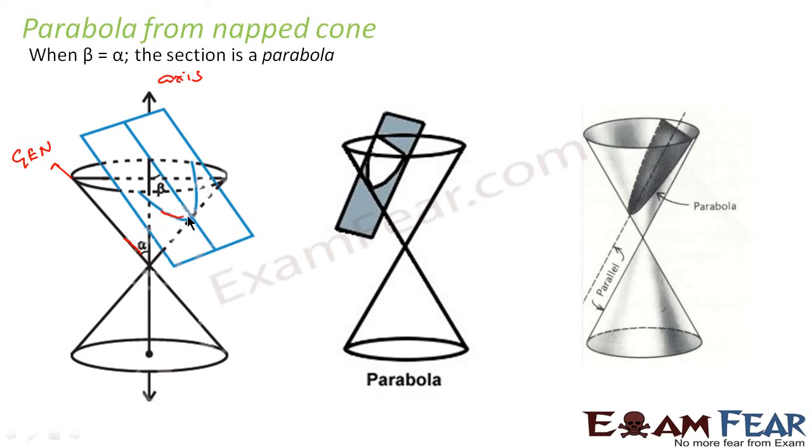So in case of a parabola, the angle made by the plane with the axis is equal to the angle made by the axis with the generator. Here you see the 3D representation, you get a parabolic shape. All three are the same. Just to give you a better visualization, I have drawn three figures.